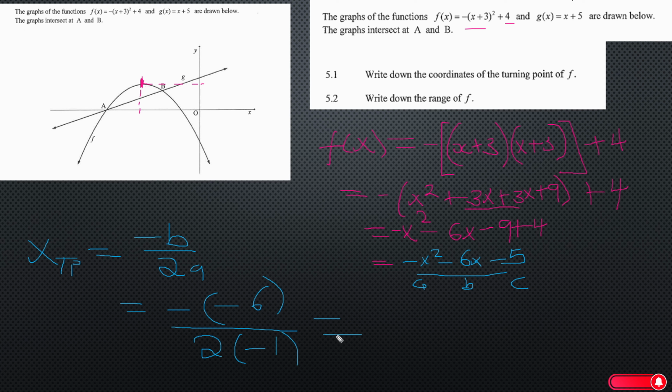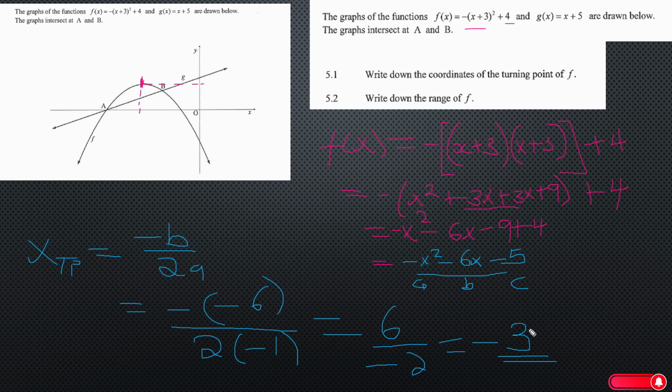So this will equal the positive of 6 all over negative 2, then which is equal to what? Negative 2, right? So which is equal to negative 3.